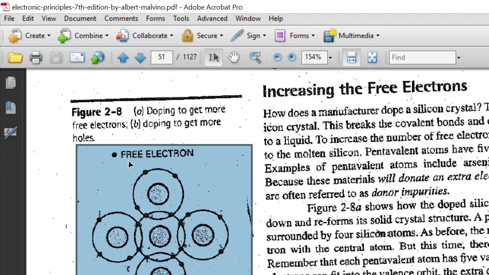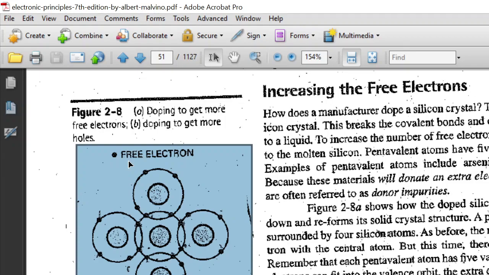Do you get me? So with the help of the impurity, we have a handle on the number of carriers that we wish to produce within a semiconductor crystal. The more the impurity, the more the number of free electrons. The number of free electrons is exactly equal to the number of impurity atoms present in the crystal.